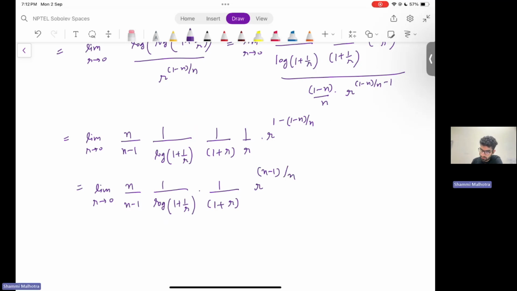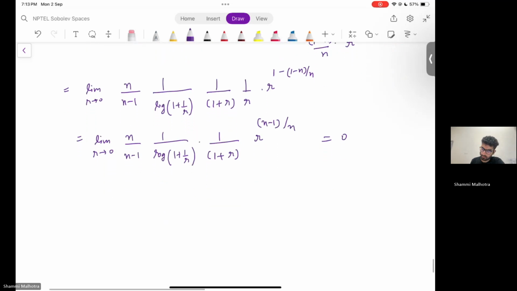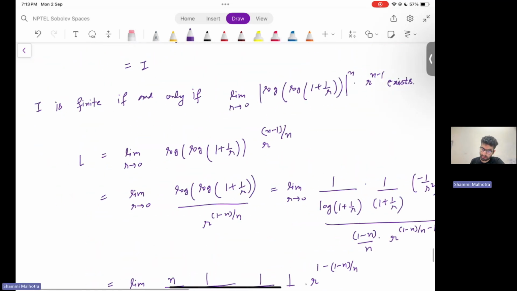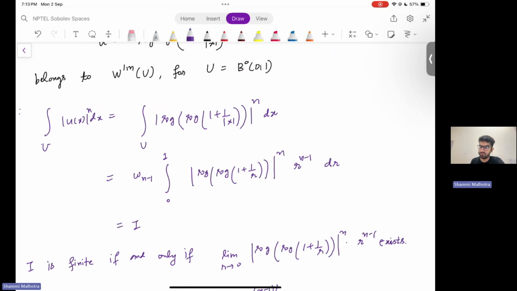This limit actually is 0 only, because log of 1 upon 1 plus 1 upon r is nothing but r into 0. This actually tends to 0 only, and r is also having a positive power. So we have this thing to be 0. So this implies that I is finite. So the u is in ln.